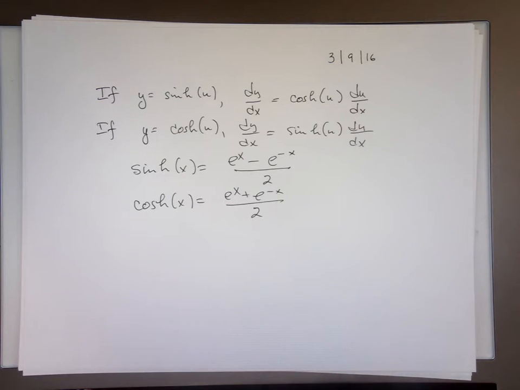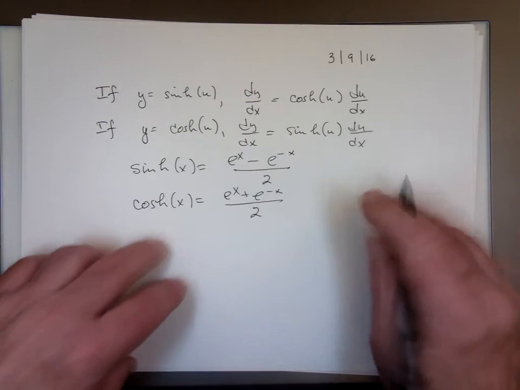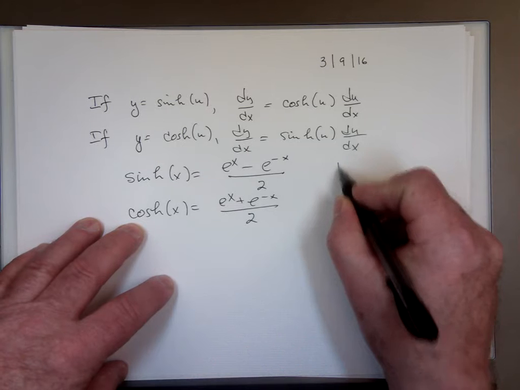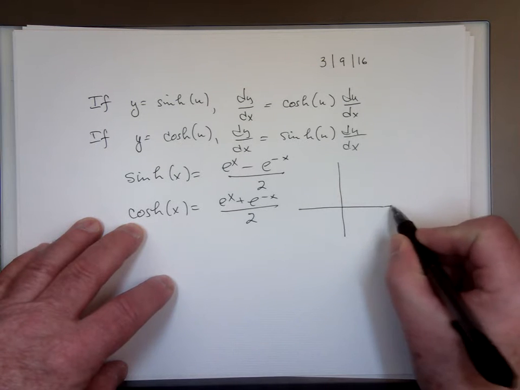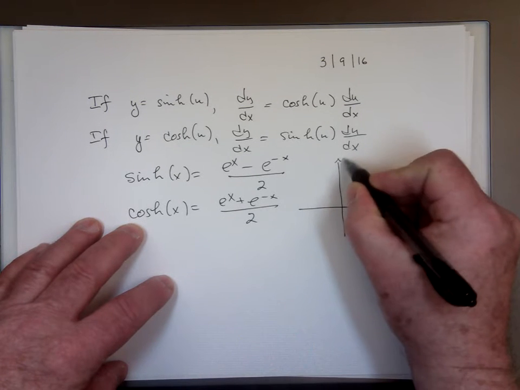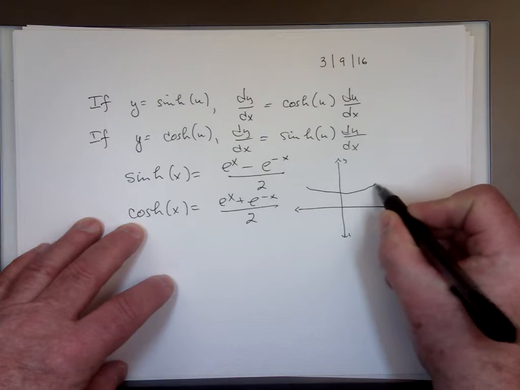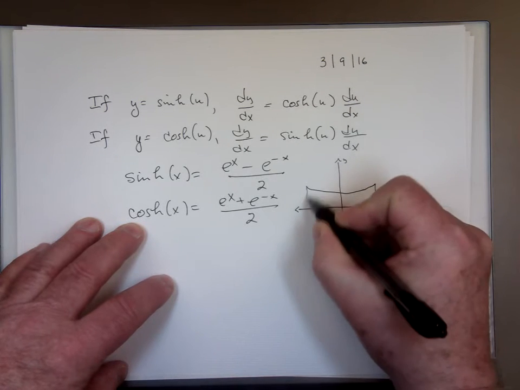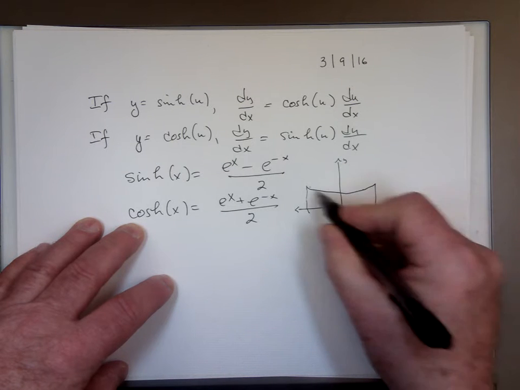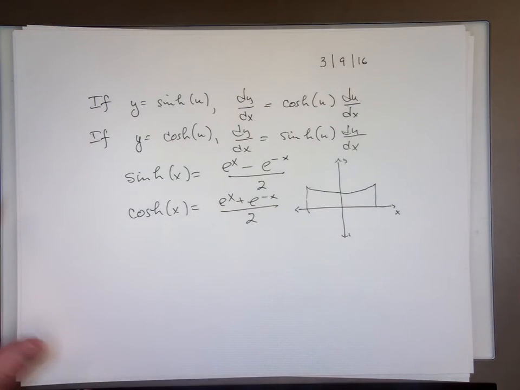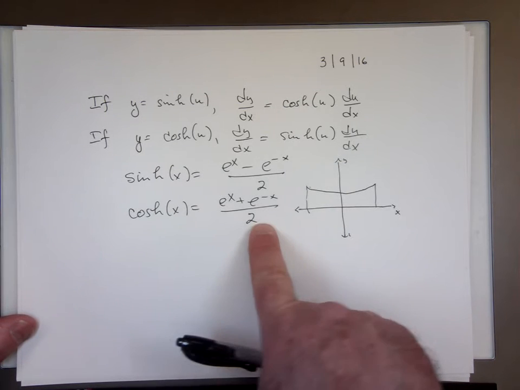The best application of these two is the cosh function, whose graph looks like this. It looks like a parabola, but it's not. It doesn't have the same properties of a parabola, being a combination of these exponential functions.